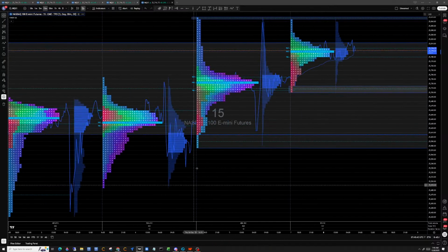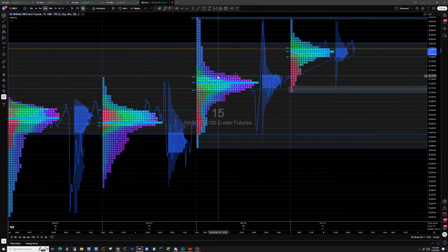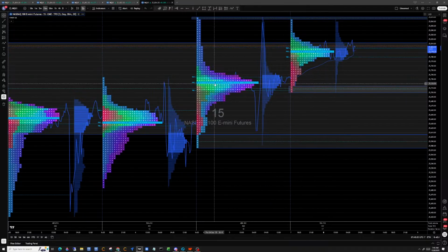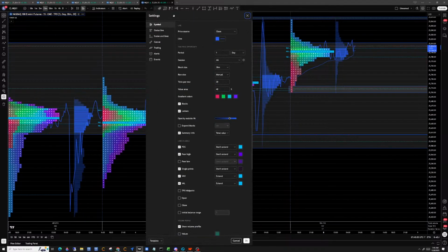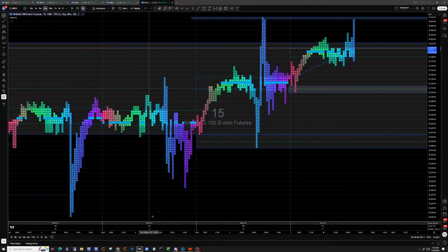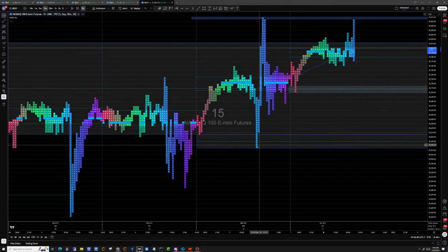Look, most platforms have an ability to merge or split these TPO charts and especially expand them. I don't know how to on TradingView, but look at this. You can actually expand this, and you can see what time the chart was actually doing those things.